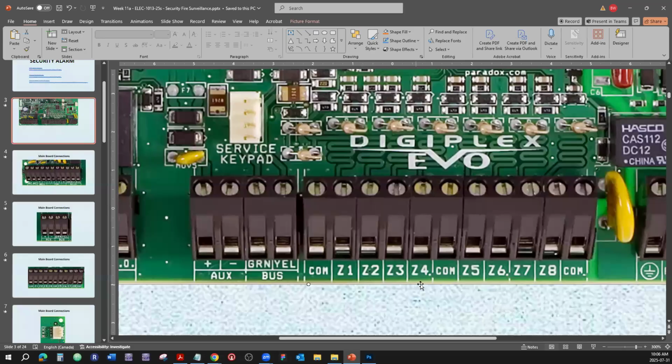And each zone can be assigned to monitor certain things. For example, zone 1 could be the front entrance. Zone 2 could be living room motion sensors. Zone 3 could be living room glass break detectors. Zone 4 could be, let's say, garage overhead door, and so on.